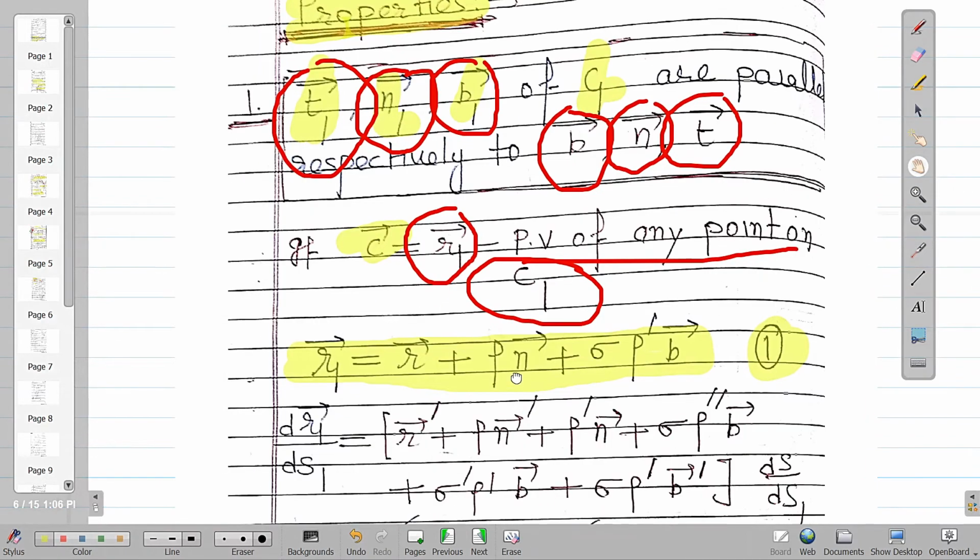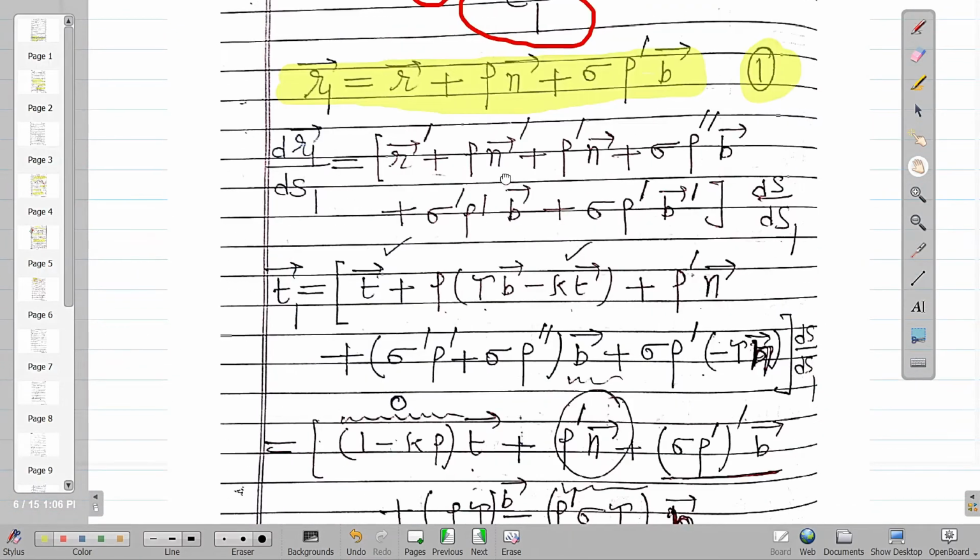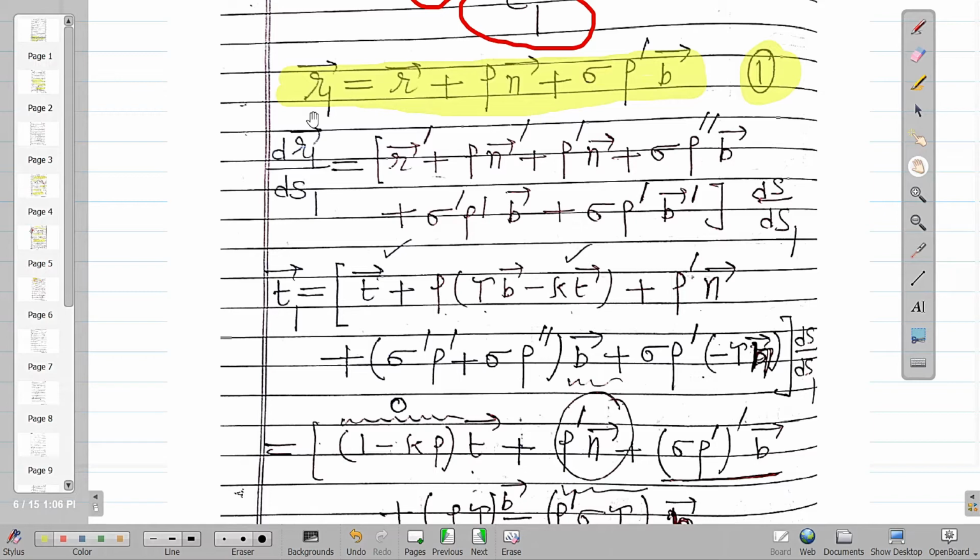Just replace C with the R1 vector. Clear? If we replace this, now we can differentiate the R1 vector with respect to S1. That is the arc length of curve C1, and we can differentiate these with respect to S, because these are related to curve C and this is related to curve C1. Now differentiate this equation with respect to S1.